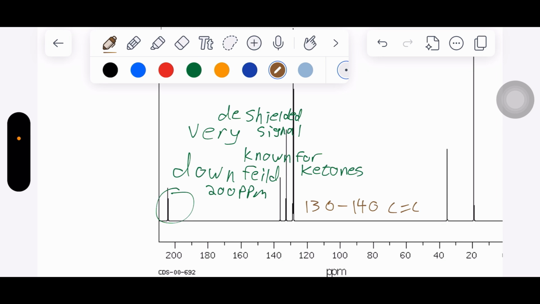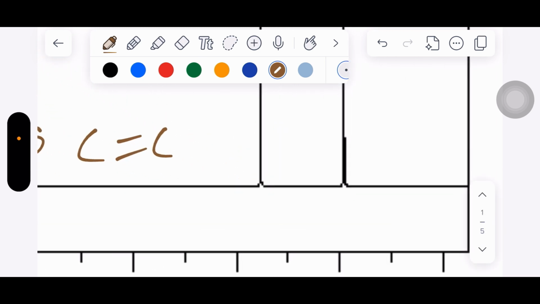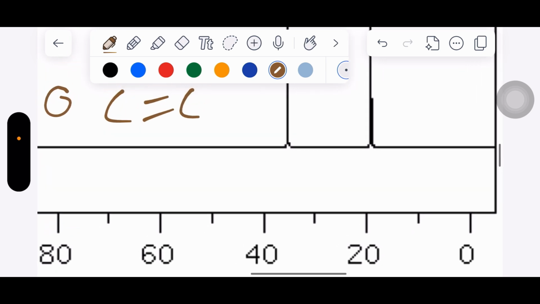The next one that I'm focusing on is the methine carbon, the CH. The central carbon of the isobutyl group, which is attached to the carbonyl and 2 methyl groups, shows a signal around here, which I want to say is around 35.